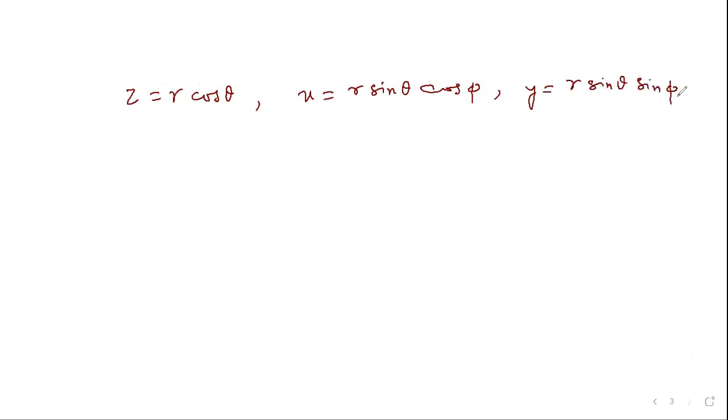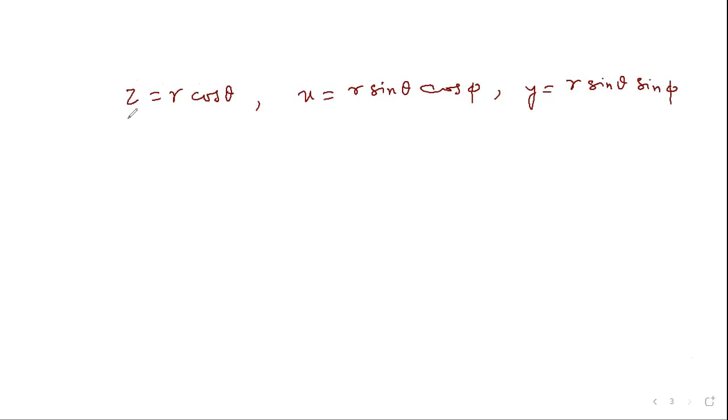Z is r cos theta, x is r sin theta cos phi, and y is r sin theta sin phi.